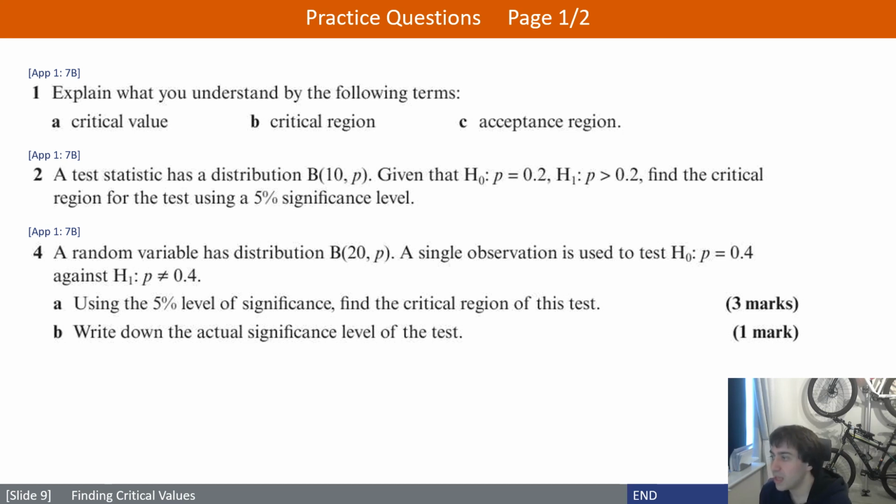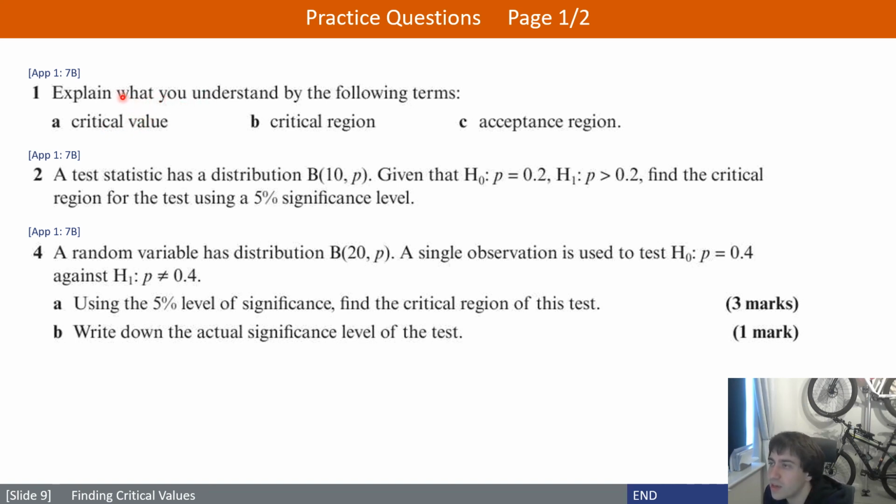Okay. If you think you're ready to give it a go, do have a try at these questions. There's 3 here and then 1 on the next slide. First one is just asking you to make sure you understand what each of these terms mean. In all likelihood, you may have some idea, but then may not be precise enough. So make sure you check at the back of the Year 1 Applied Book 7b, make sure your wording matches the textbook's wording, and if it doesn't, make sure you understand what the textbook's answer is trying to tell you.